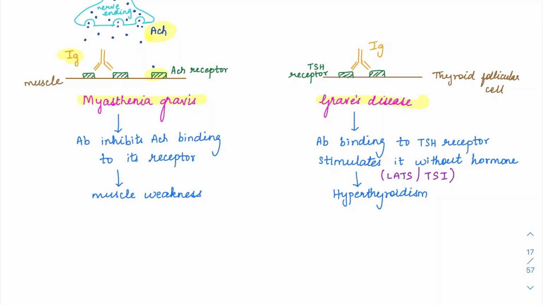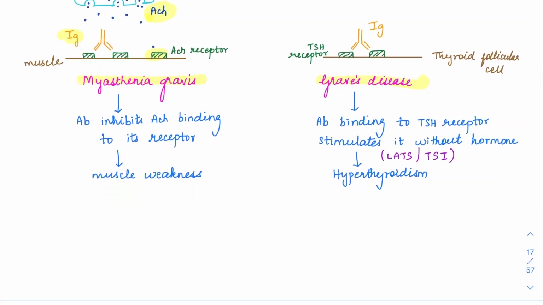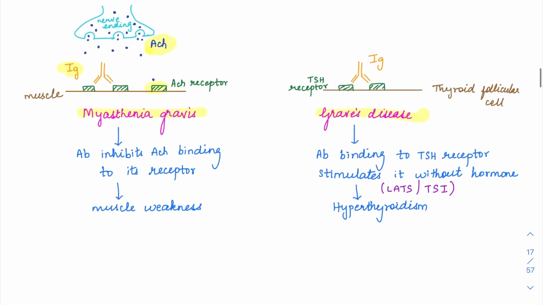The acetylcholine receptor is not able to attach with acetylcholine, so the muscle cannot contract. The patient will complain of muscle weakness, especially of the orbital muscles. We use the orbital muscles many times, right, for blinking. So maximum fatigue will be there for these orbital muscles. As the day progresses, the patient will complain of orbital muscle weakness. This is for myasthenia gravis.